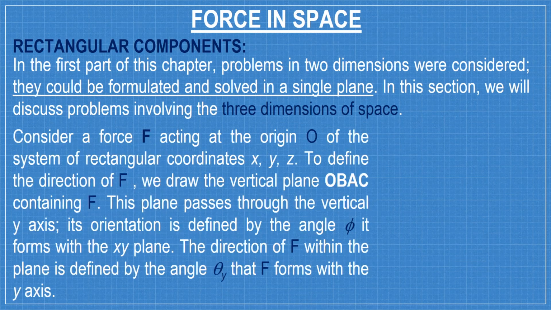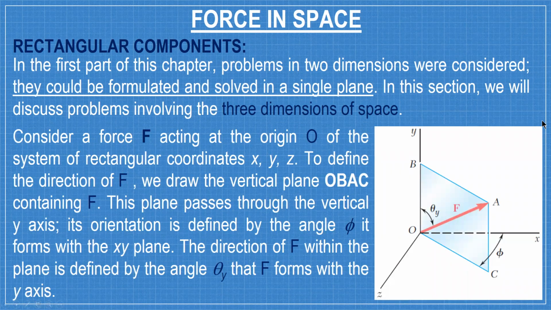Consider a force F acting at the origin O of the system of rectangular coordinates x, y, z. To define the direction of F, we draw the vertical plane OBAC containing F. This plane passes through the vertical y-axis. Its orientation is defined by the angle phi it forms with the xy plane.